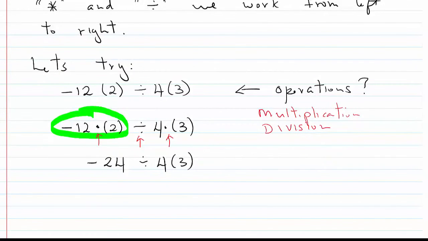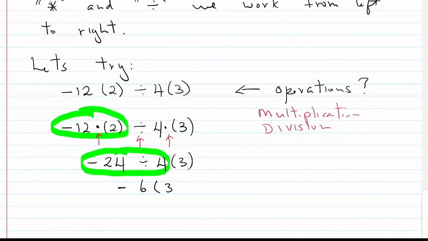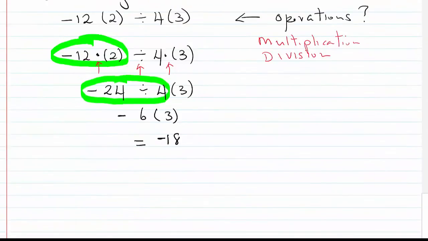And now I will work with these two. So a negative and a positive, my result will be negative. So that becomes negative 6, and then I multiply that by 3. And finally, we have negative 18 as my result.